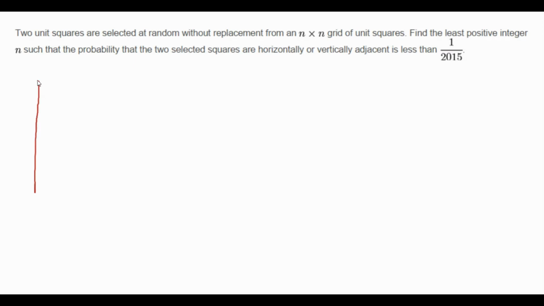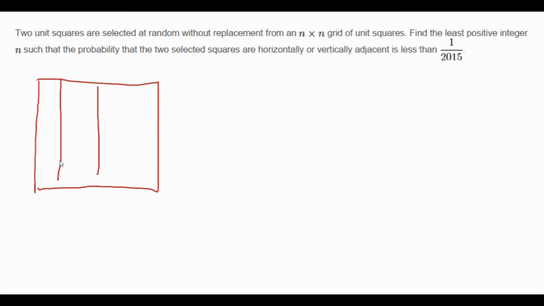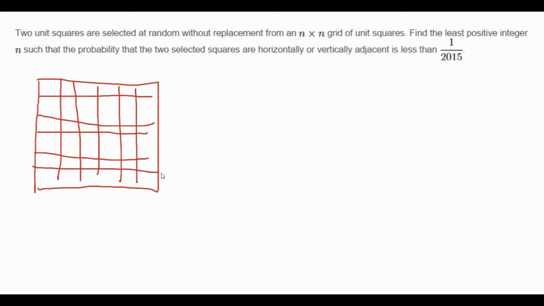So we start with a grid like this, drawing the columns and the rows, and this is an n by n grid. Sorry, bad grid. But anyways, we have to choose two squares such that if they are horizontally adjacent like this, or if they're vertically adjacent like this, then that's a good case.